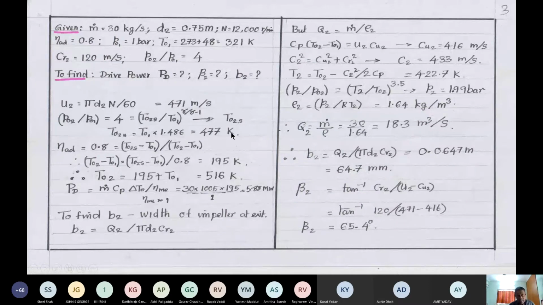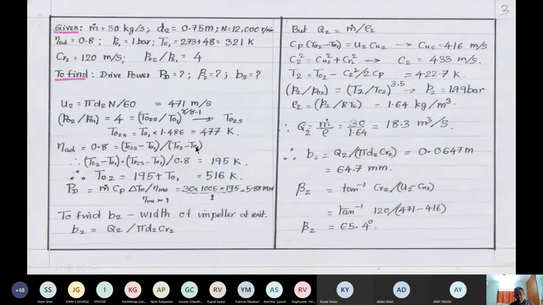Now this adiabatic efficiency, or rather called isentropic efficiency, is the change in stagnation temperature in the isentropic process divided by the actual delta T. So we write delta T0S by delta T0. So the isentropic temperature gain is related to the actual temperature gain.